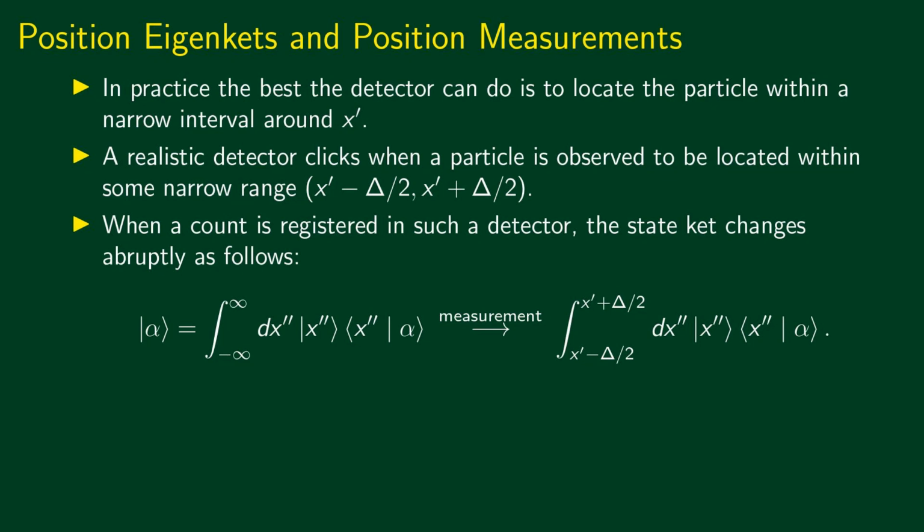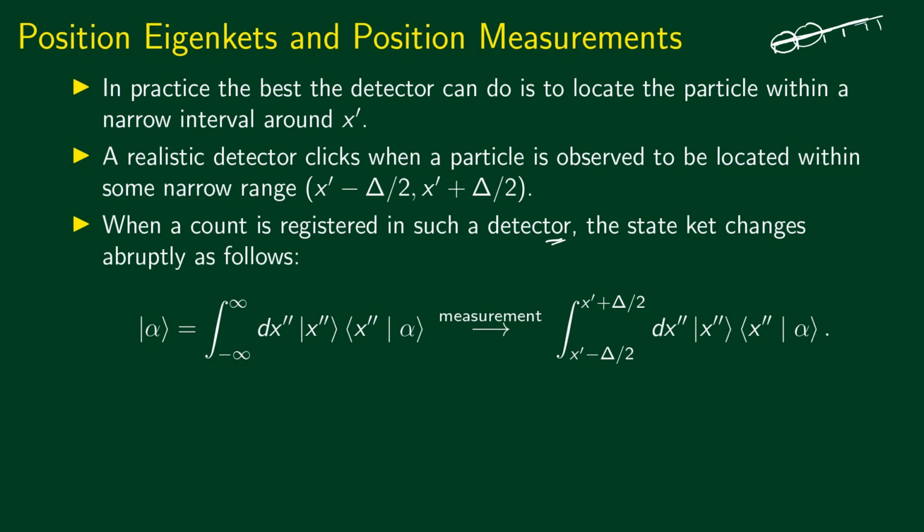Now, when a count is registered in such a detector, what does our detector do? It tells us in which interval the particle is. If you're talking about one dimension, the entire x-axis can be divided up into small pieces, and the detector will tell me in which segment the particle is. Now, before the count is registered, the state can be expanded in the eigenkets of the position operator.